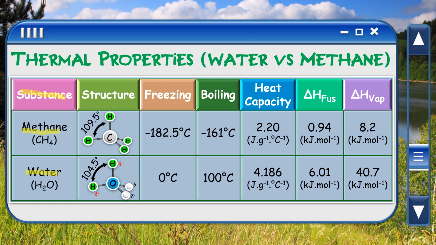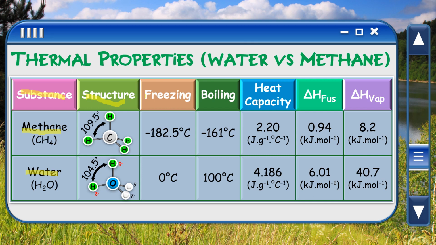If you look at their formulas, this is CH4, this is H2O, roughly the same size. The hydrogen to hydrogen bond angle in methane is 109.5 degrees, whereas for water it is approximately 104.5, roughly the same.